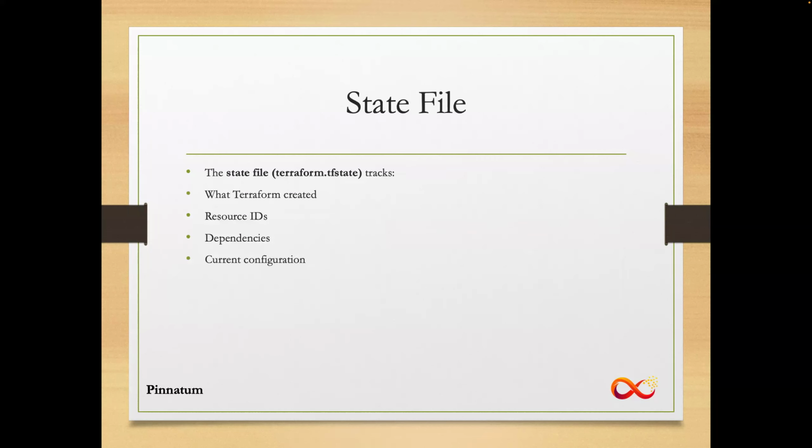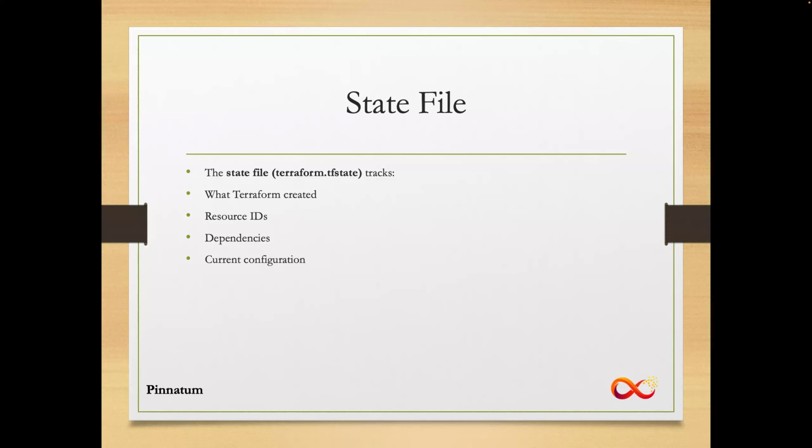So the next most important is the state file. If you attend any Terraform trainings, or if you might have heard from your colleagues, Terraform will only make changes if you change any of the code. If your infrastructure code already matches the existing resource, it doesn't create.